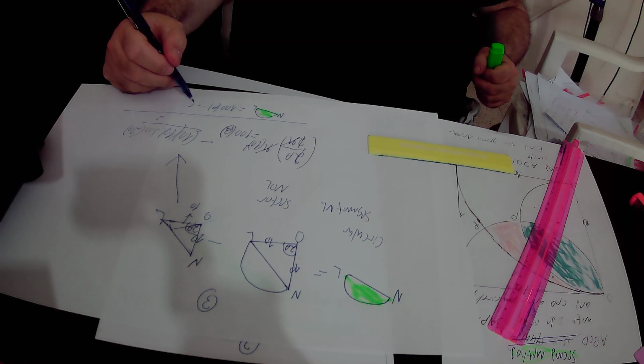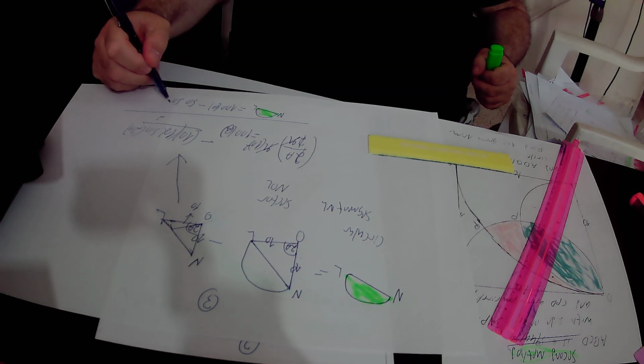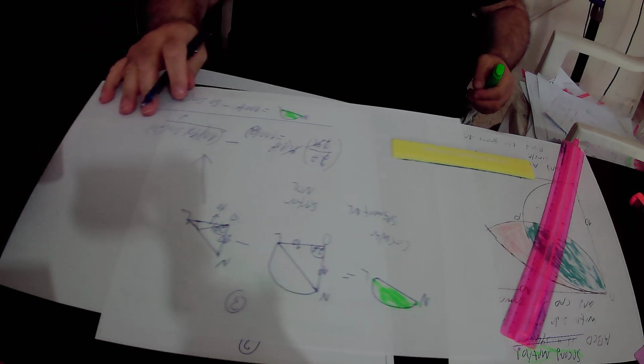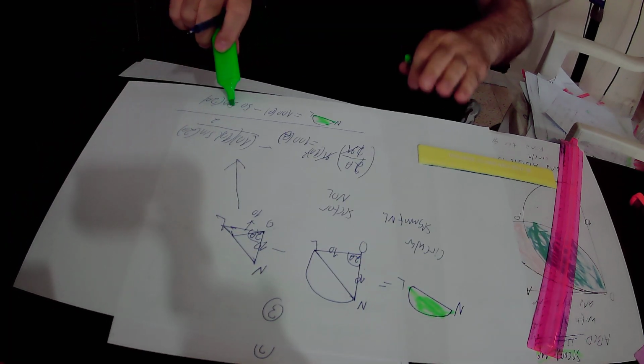So it is minus 50 times sine 2 theta. Okay?